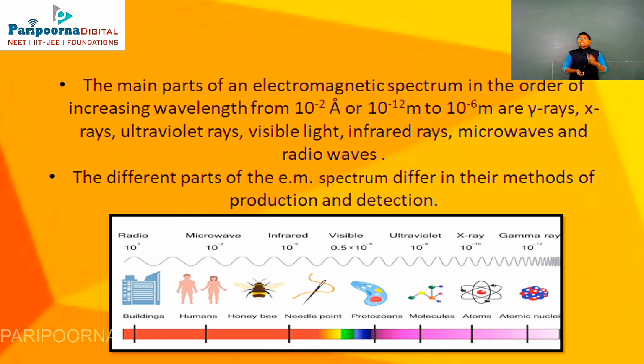Here are the main parts of the electromagnetic spectrum in the order of increasing wavelength, from 10 power minus 2 Angstrom unit, or in meters 10 power minus 12 meter, up to 10 power 12 meter. They are gamma rays, X-rays, ultraviolet rays, visible light, infrared rays, microwaves and radio waves.